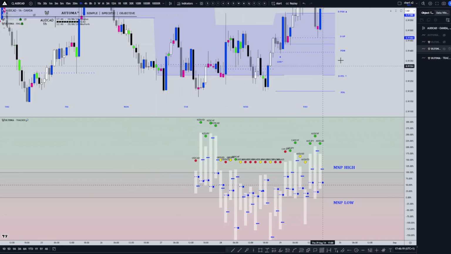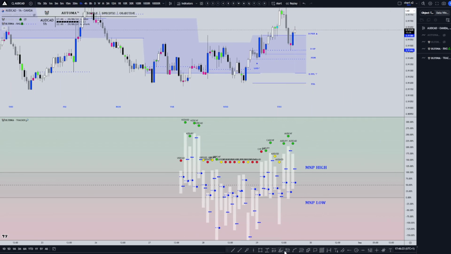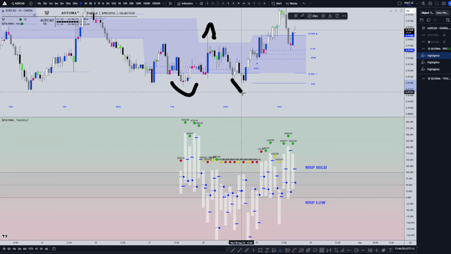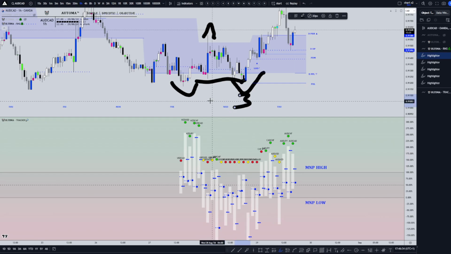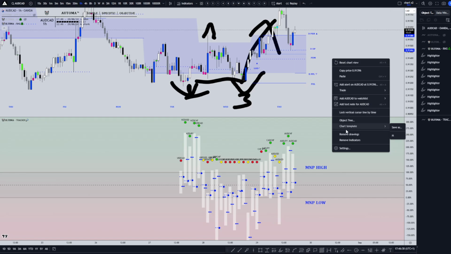Oh man, AUD CAD. Oh, that was yesterday. You see, we have a double manipulation setup. Manipulation low 1, manipulation high 2, manipulation low mitigates number 3, mitigates number 1 for an explosive move. Nice.